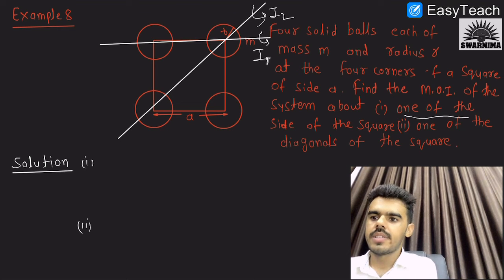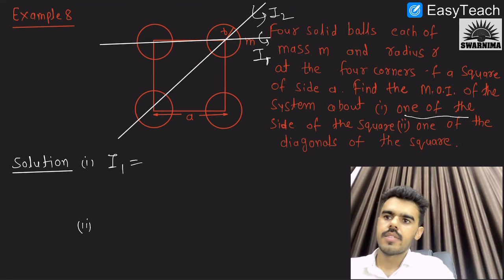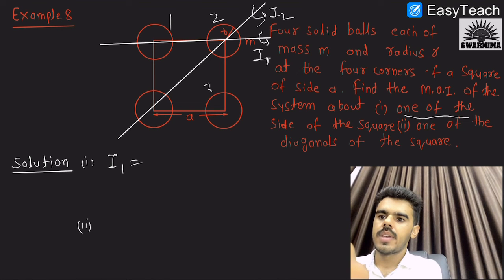So I1 is equal to, first we talk about this pair and this pair, then this and this. So if we talk about pair 1 and 2, the axis is passing through the diameter of these solid balls.